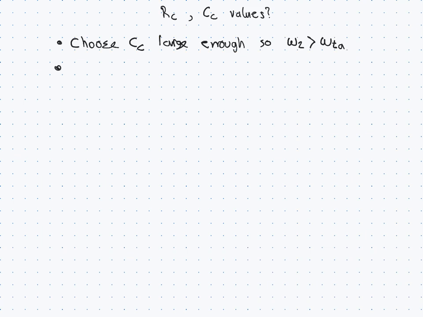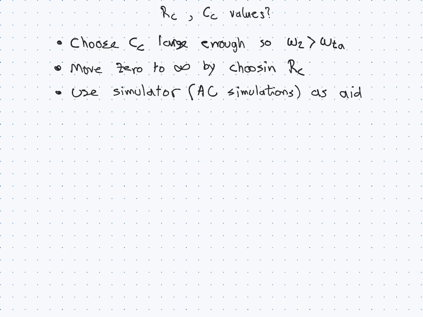So after you've done that, you should then find a compensation resistor such that the zero that is generated is moved to high frequencies. Now typically, I said, it's a really good idea to use a circuit simulator as a tool to aid you in that, because sometimes the hand calculations can be a bit too complex in order to find the value of the components. And you should of course check that this holds for all process corners. And then you're done.